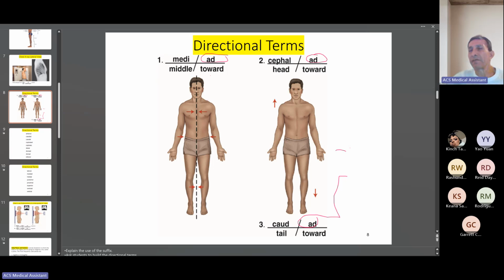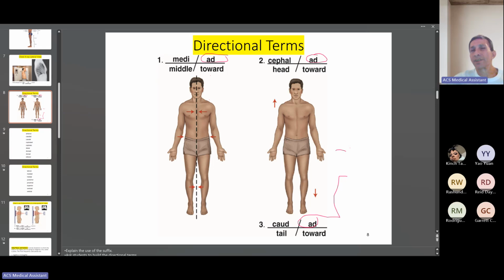Cephalic, or cephalad. AD means towards. See, right here, AD means towards this location. I'm moving towards this side, to this direction.